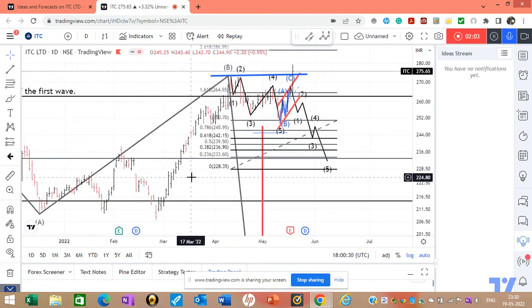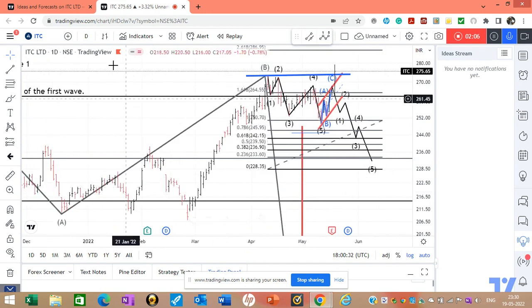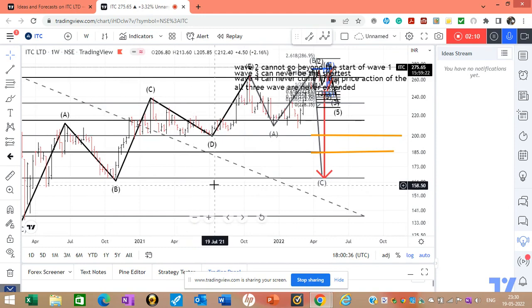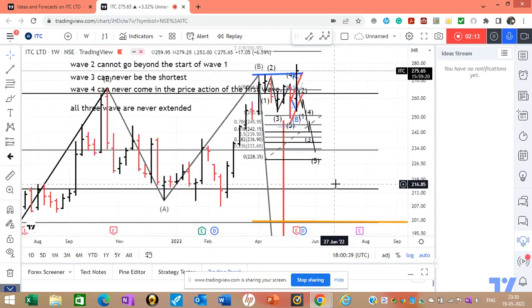I'll show you how. So now I bring out the weekly chart, and now things will be more clear.